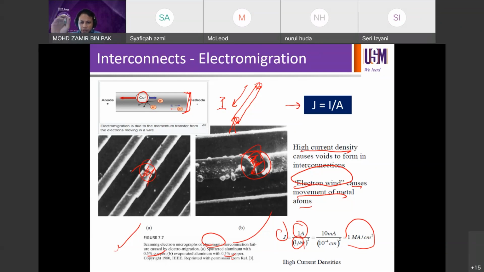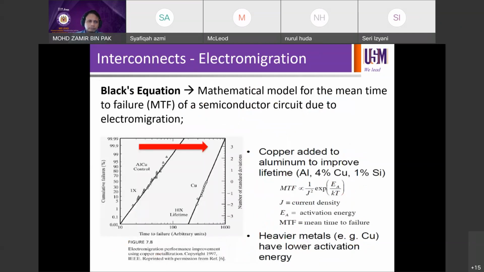So J will be very, very huge. The current carrying capability of the conductor has to be very huge with good reliability. Although the current is only 1 amp, due to the small area it's carrying 1 mega amp of current per cm squared, right?